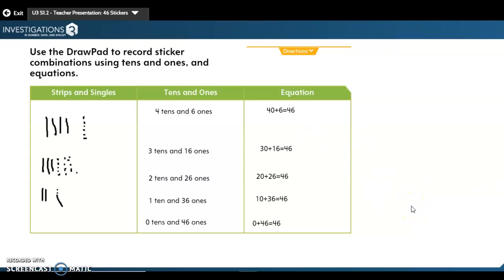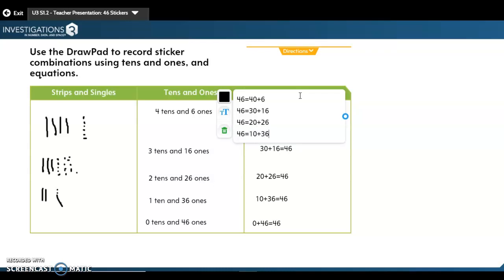So every combination shows us a way to make 46. They're all equivalent or the same. 46 equals, let's see if Miss Hickman can write over here. 46 equals 40 plus 6. 46 equals 30 plus 16. 46 equals, or is the same as 20 plus 26. 46 equals 10 plus 36.